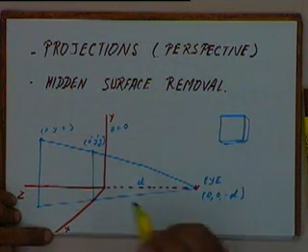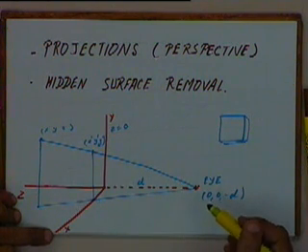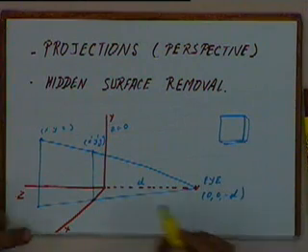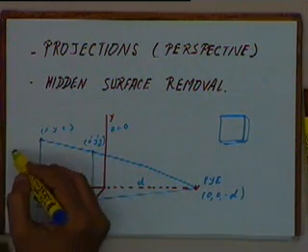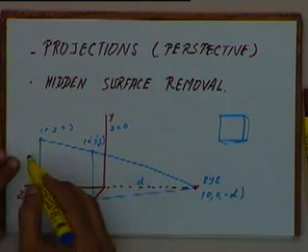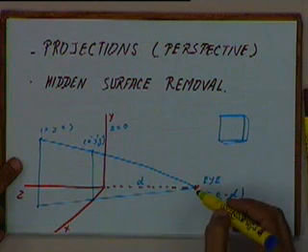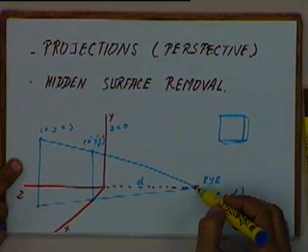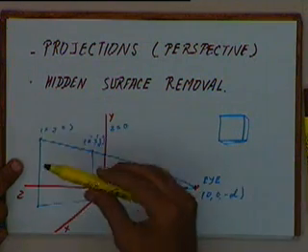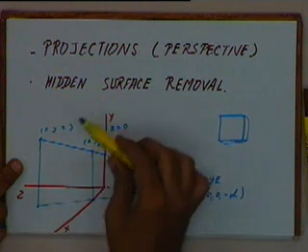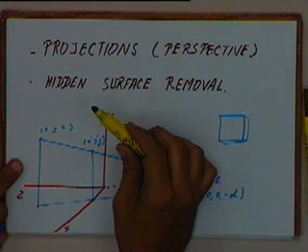So obviously z prime will be equal to 0. If I join that point x, y, z to the location of the eye, the intersection of this line with the xy plane is going to give us the transformed point.